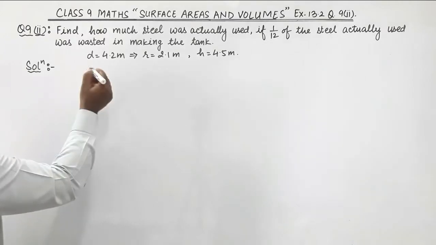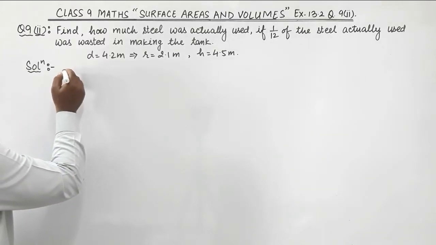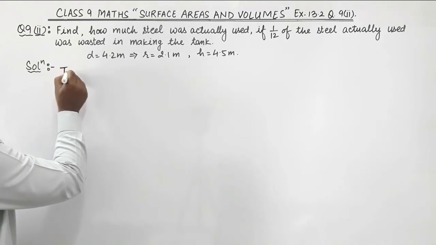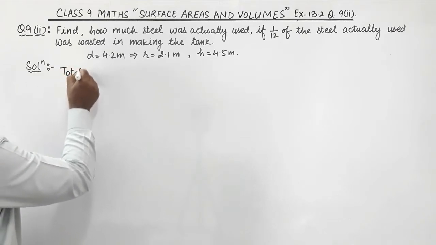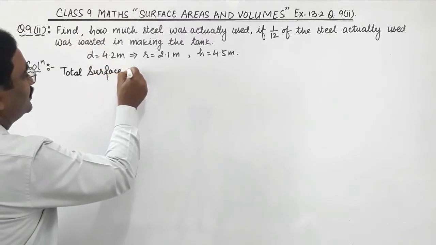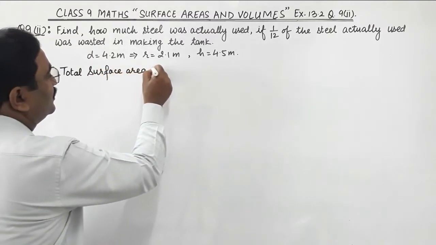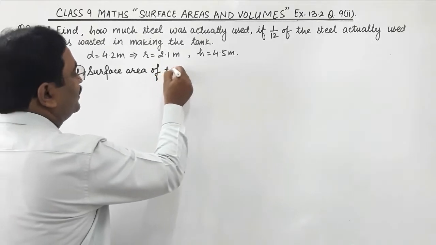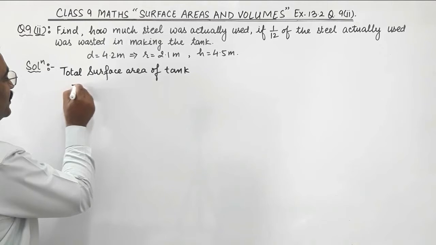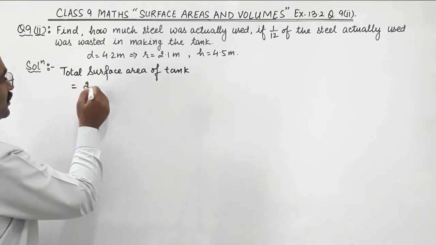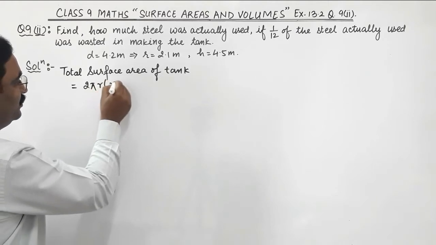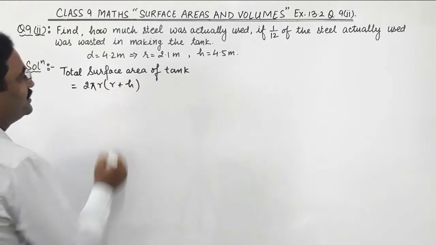So let us find out the total surface area of the tank. Total surface area of the tank equals, as you know the formula, 2πr(r + h).